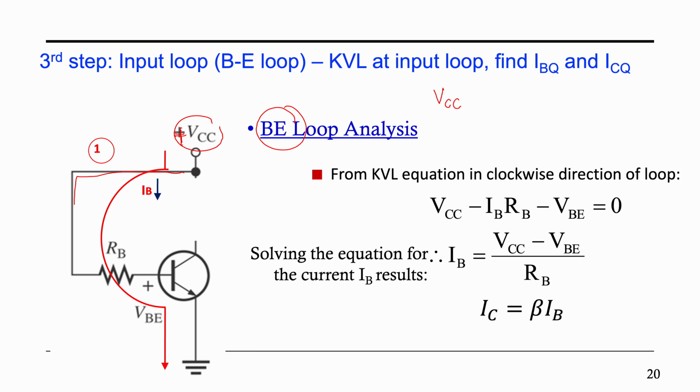Your current will flow here, so this will be positive, here negative, here positive, and here negative. So VCC, this voltage source, is equal to RB times IB, plus VBE. The voltage drop across this resistor plus this voltage must be equal to VCC.